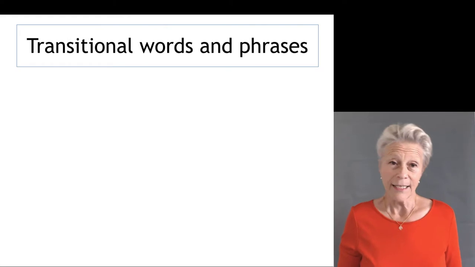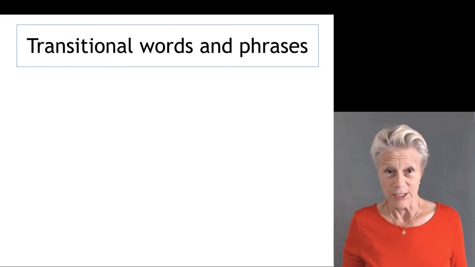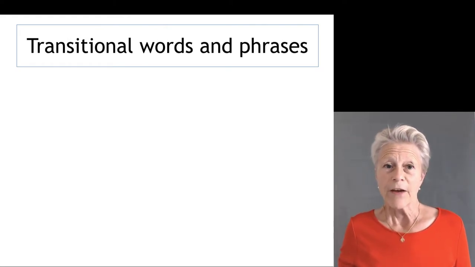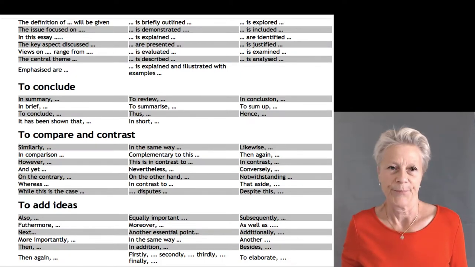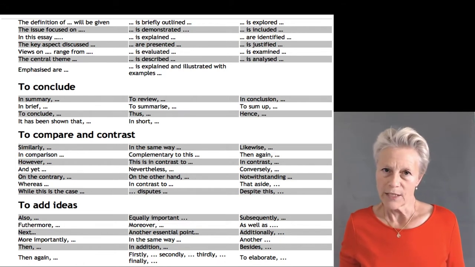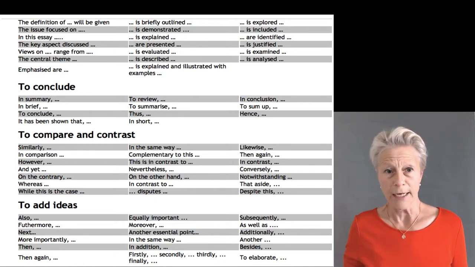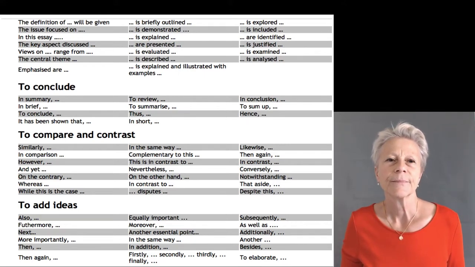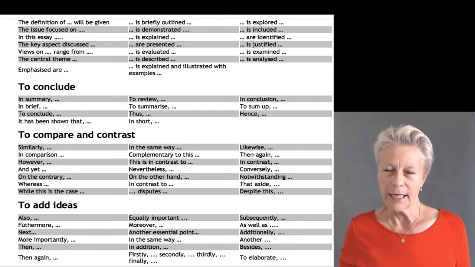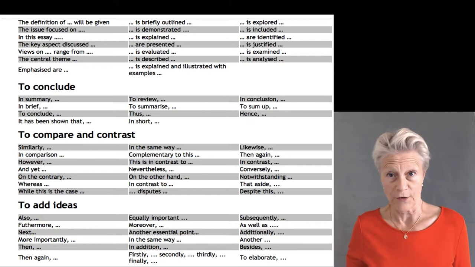Okay, finally, we also have transitional words and phrases. You can find a big list of them as a PDF in resources in this activity. I've just pasted a small part of this PDF to show you the variety of choice you really have here. Let's look at the category to compare and contrast.